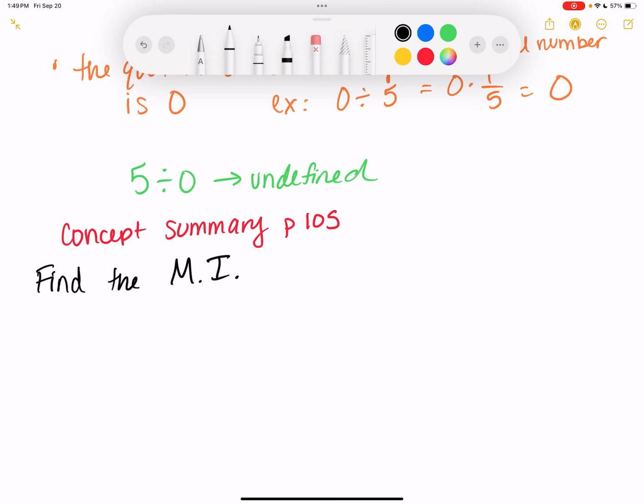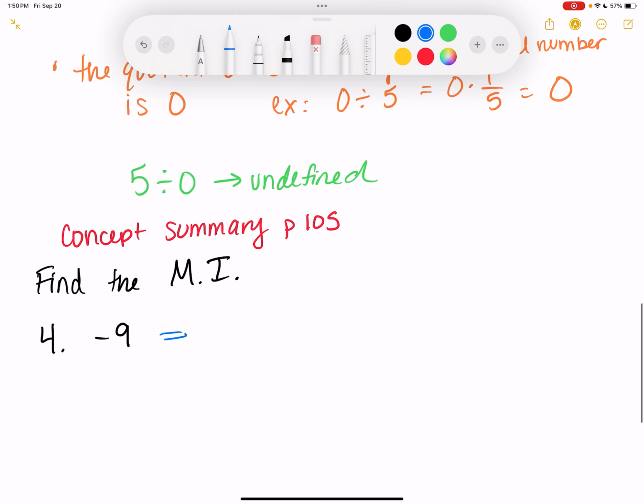So number 4. -9. What would the multiplicative inverse be for this? -1 over 9. Yep, because if we multiply them, what would we get? Yep, +1.